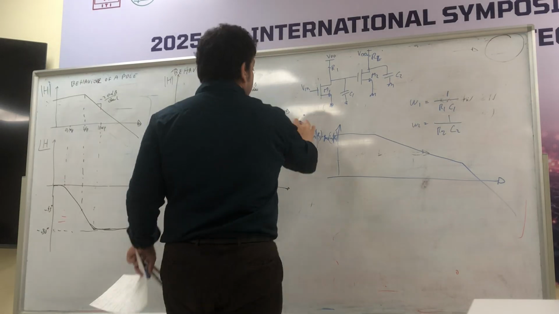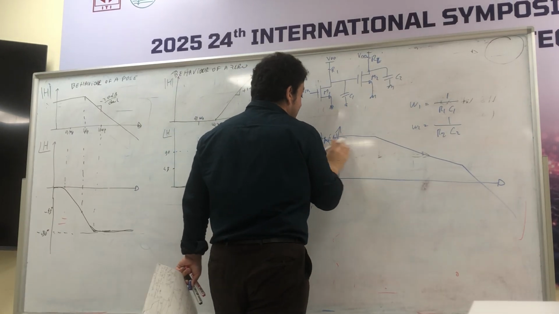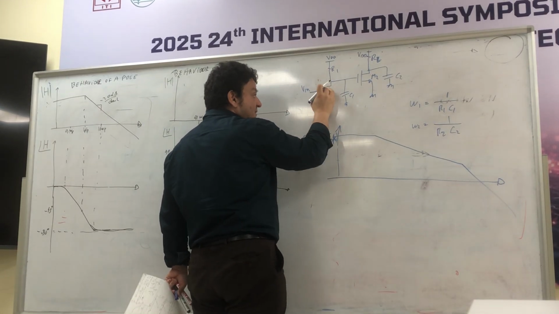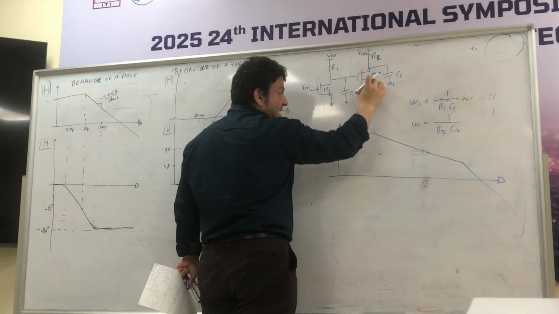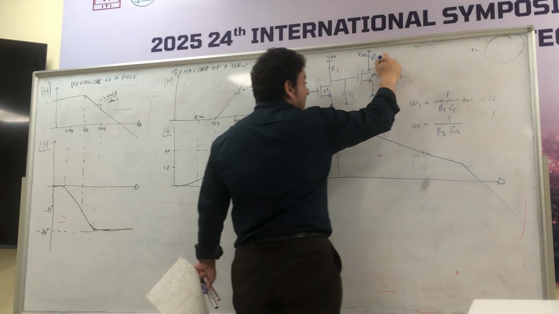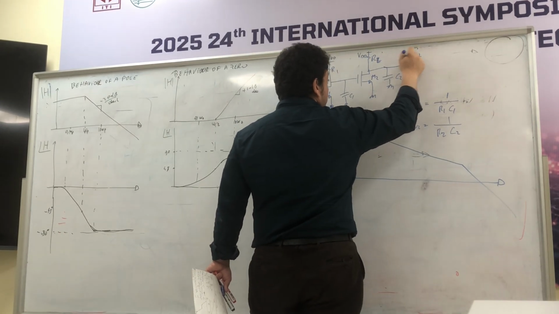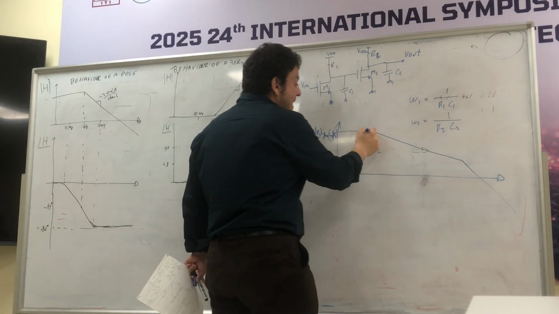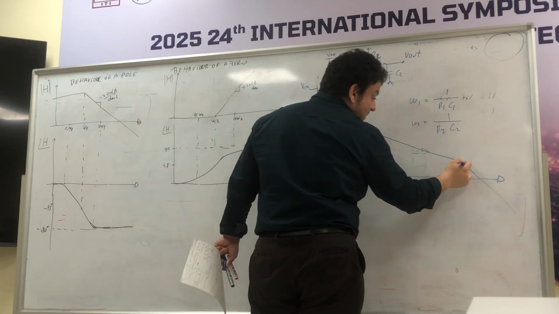The multiplication of the gain of each single stage gives the overall gain, from the input to the output. Then we have a pole, and then another pole.